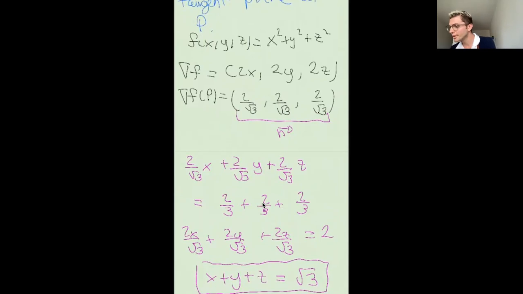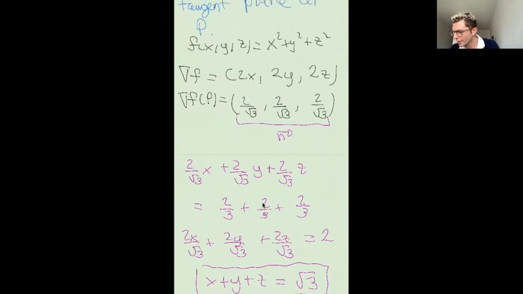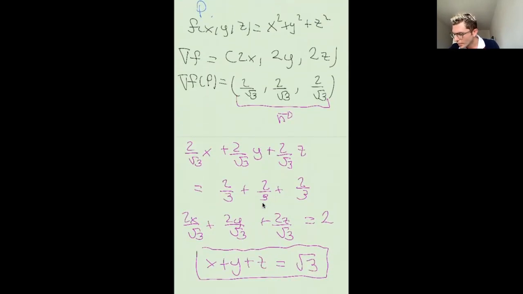Yeah, here I'm doing the dot product between 1 over root of 3, 1 over root of 3, 1 over root of 3, and 2 over root of 3, 2 over root of 3, 2 over root of 3. Okay, makes sense. Yeah, that's what you get, this sum. And then after that, I'm just simplifying. Is this okay? So far, so good?